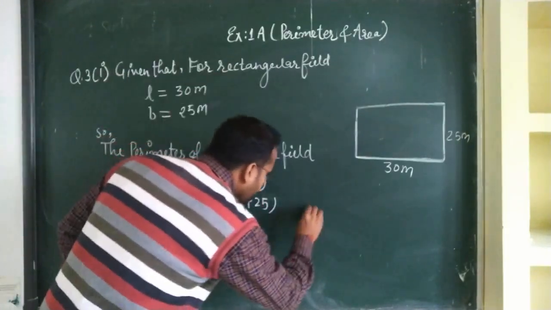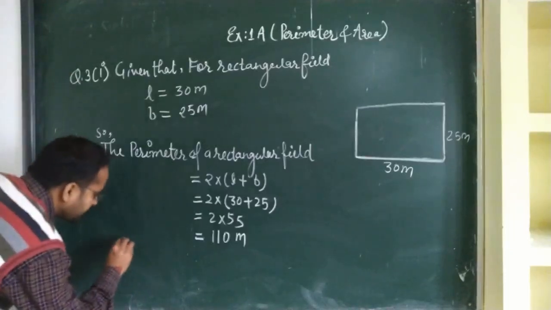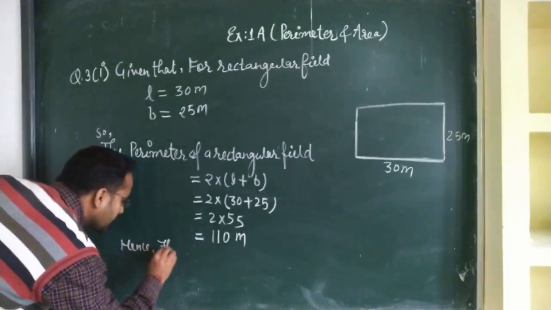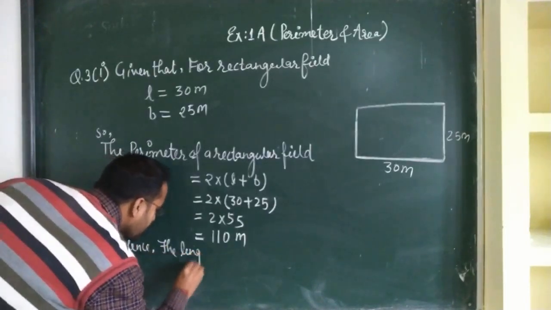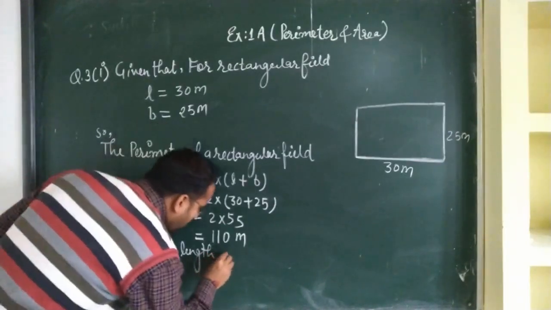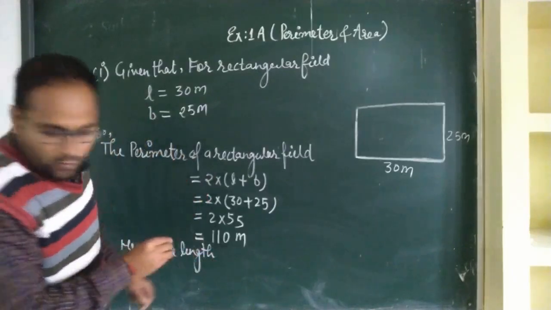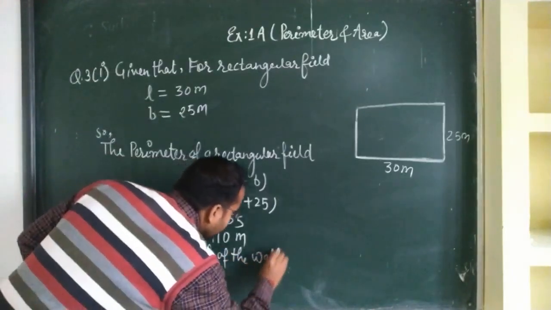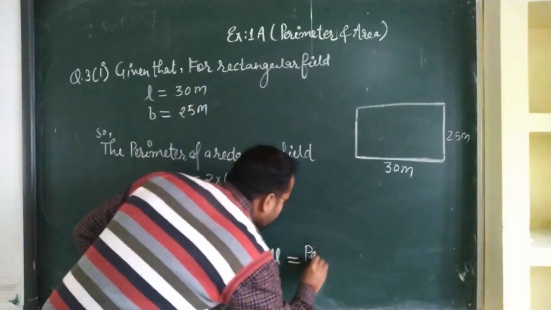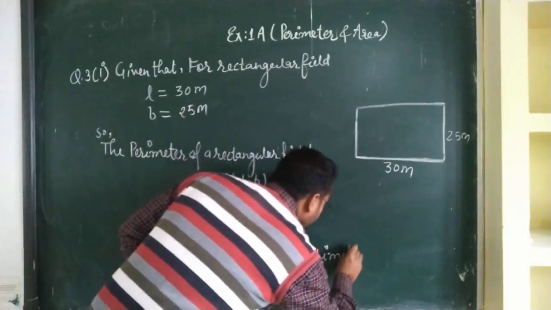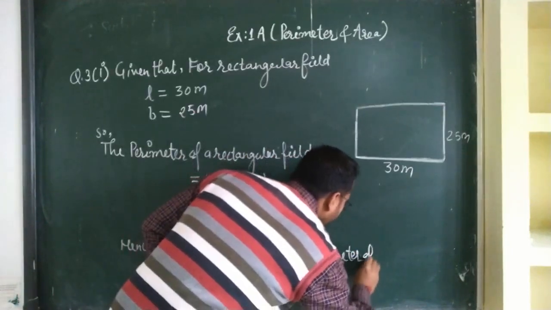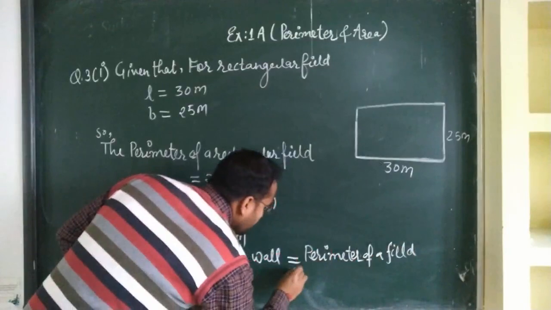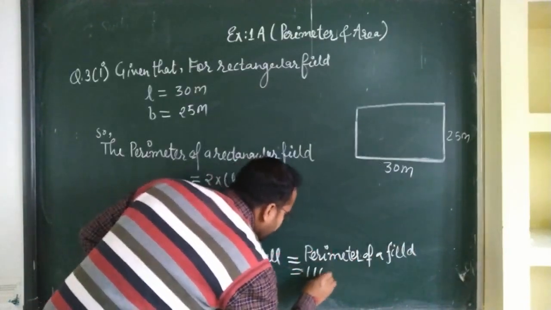Hence, you can write here, the length of the wall is equal to the perimeter of the field, and that is 110 meter.